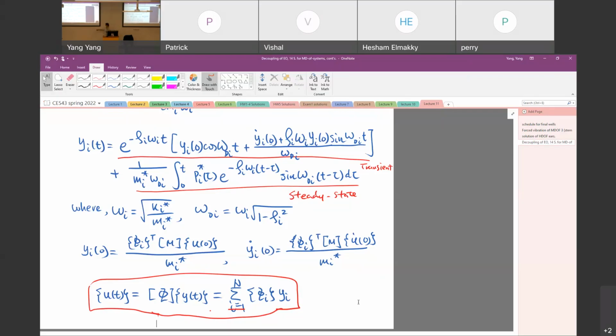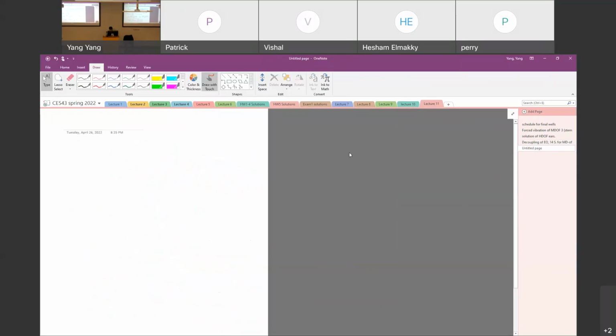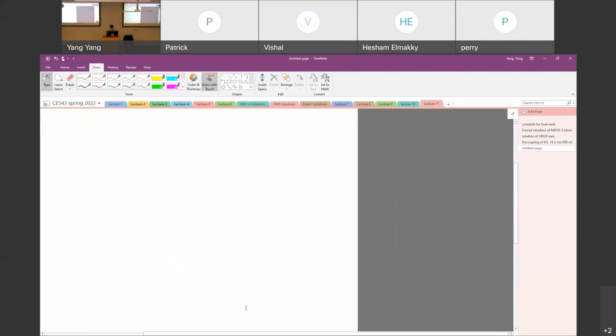And since there will be a convolution integral over there, you can use the numerical integration that you have already developed in your Excel to find out the responses. So now let's see what will happen for an example here. Any questions so far? Okay. After the example, you will see this approach is very powerful.